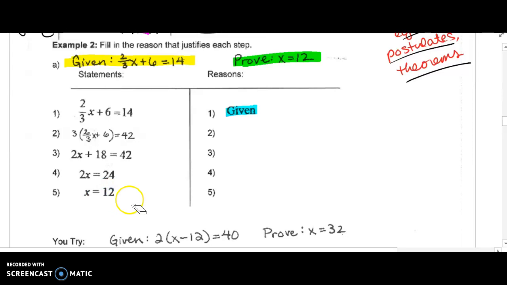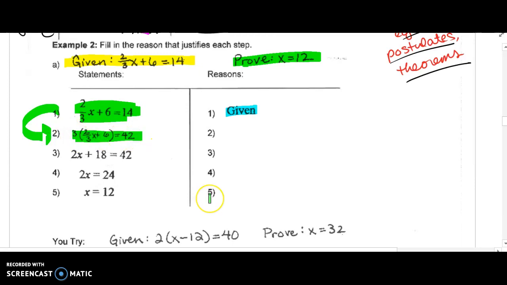Alright, so just like we practiced a minute ago, the idea is you're trying to go from the first line to the second line and figure out what happened. So take a look. From the first equation to the second, the 2/3 x is still there, the 6 is still there. The 14 has changed now to a 42 though.